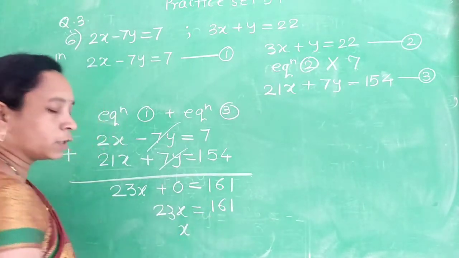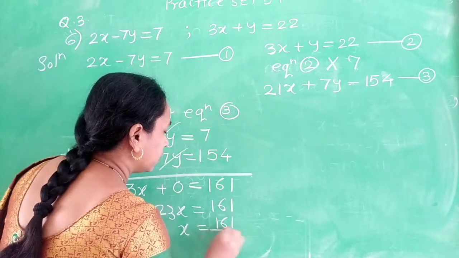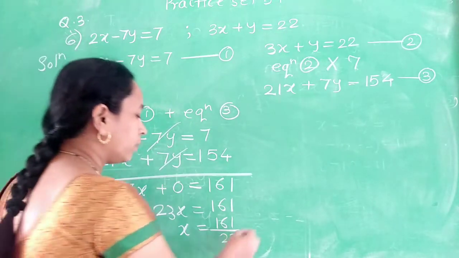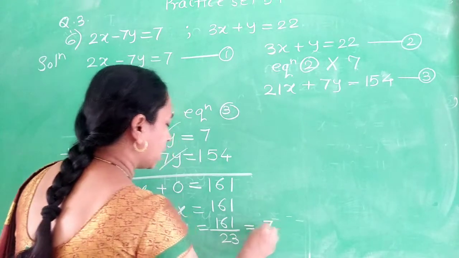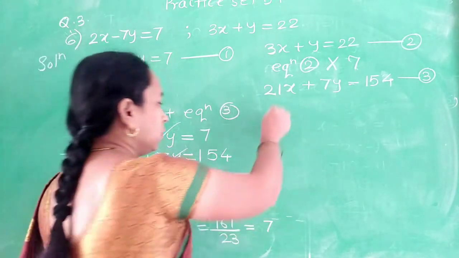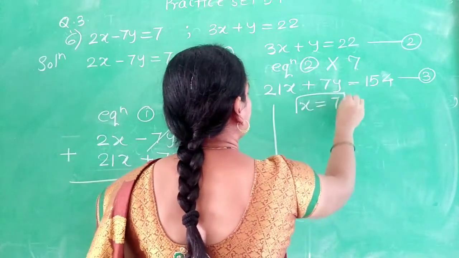So x is equal to 161 divided by 23, transferring 23 to that side. If you divide it, we will get the answer: 23 sevens are 161. Now here we got the answer x is equal to 7.